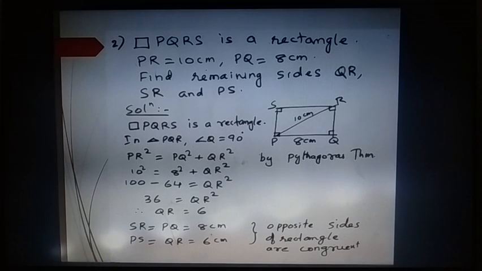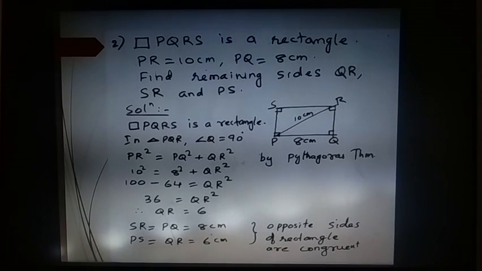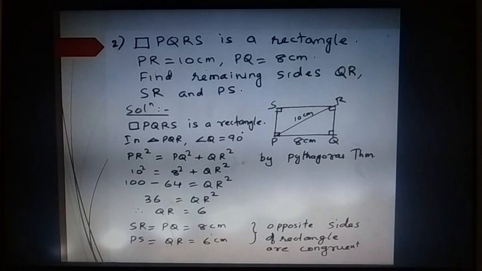Solution. Quadrilateral PQRS is a rectangle. Hence we know that each angle is a right angle. Therefore, in triangle PQR, angle Q is equal to 90 degrees. By applying Pythagoras theorem, PR square is equal to PQ square plus QR square.